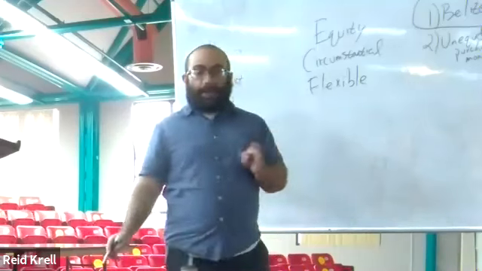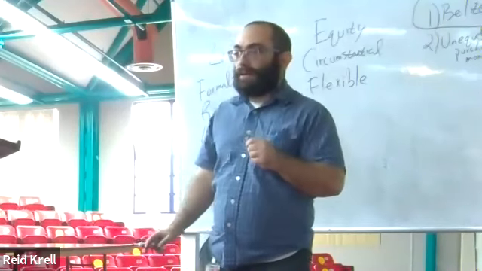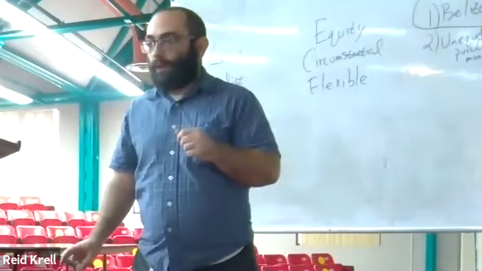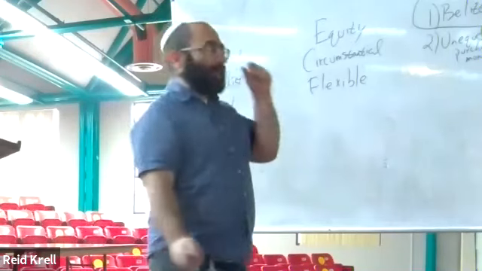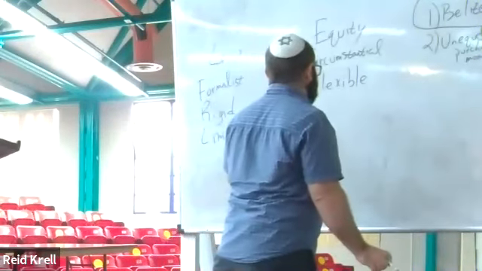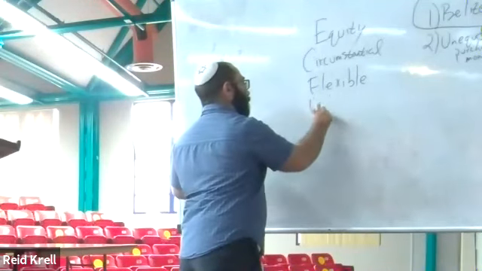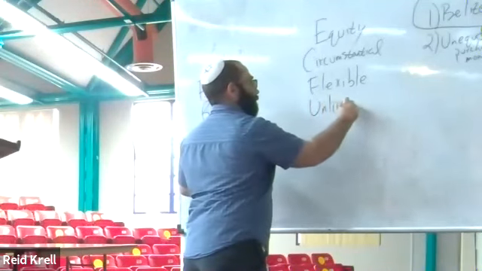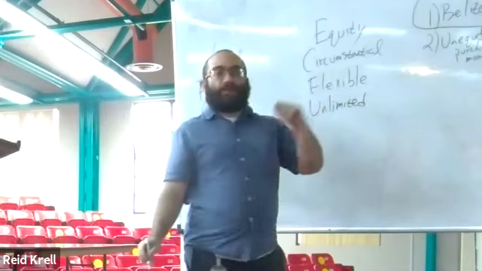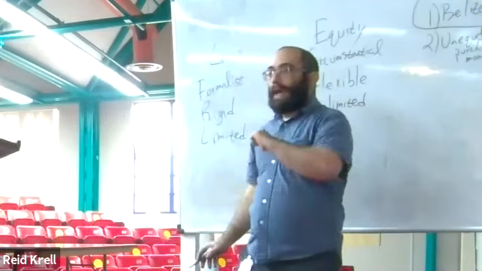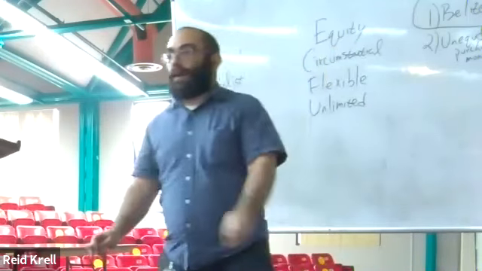And as I was told once, when I was flabbergasted at a chancellor's ruling that didn't make any sense, unlimited. Because what I was told was that a chancellor sitting in equity can do whatever he wants.